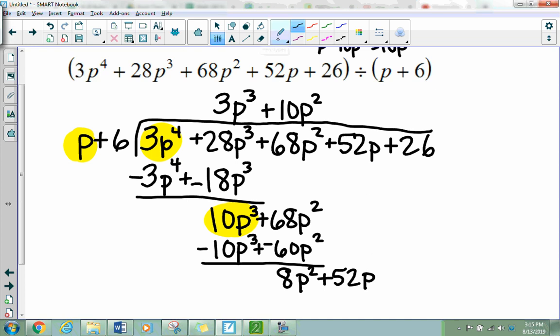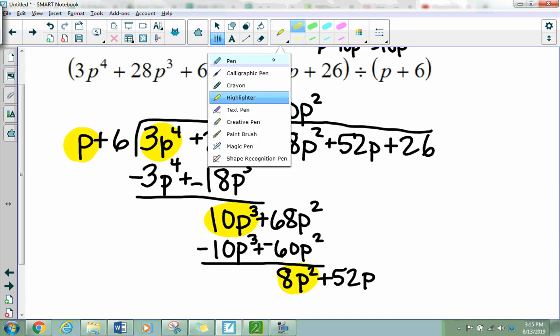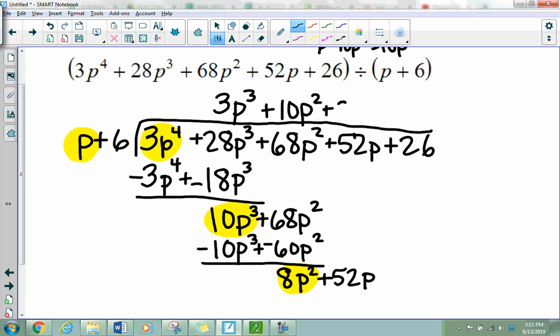And so now it's, what do I multiply p by to make it say 8p to the second? Well, I would have to multiply by a positive 8p in order to make it 8p to the second. So now multiply around. 8p times p makes 8p to the second. 8p times 6 would make a positive 48p.